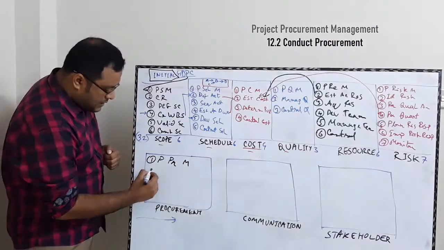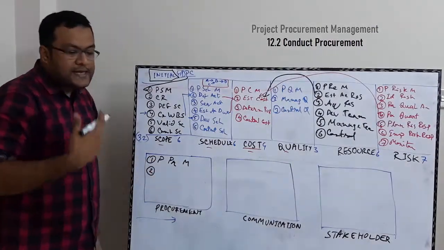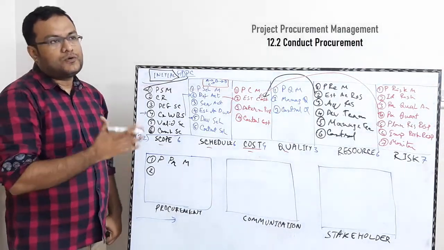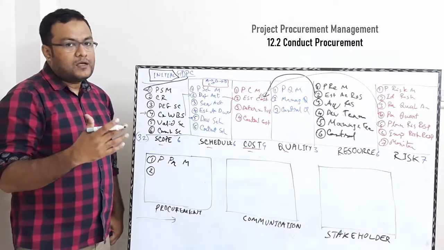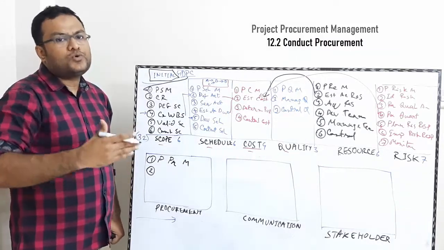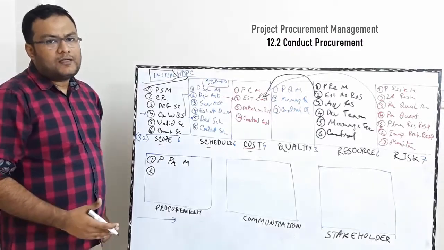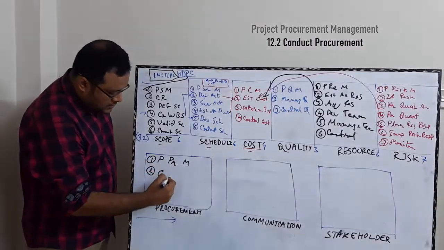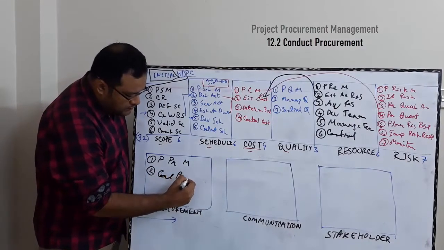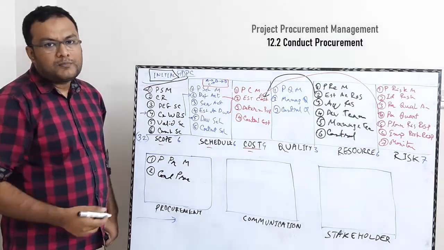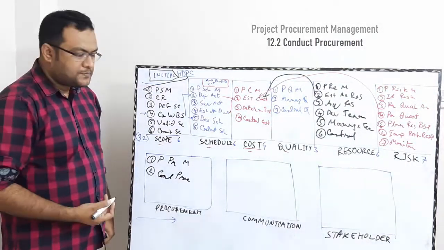Then once you are done with that, you need to execute it, or conduct your procurement. So RFI, RFQ, the bidders conference, anything you do till contract signing as per the plan is your conduct procurement. The output of this process is that you have a selected seller for your procurement, be it product or service.